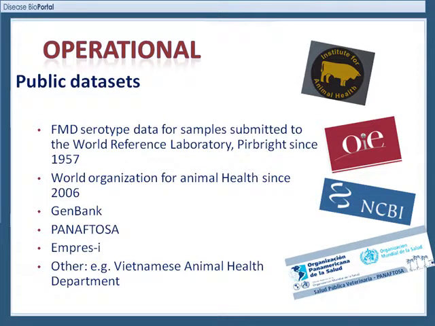Data from GenBank also, sequences. FMD data is now available, but sequences from other diseases will be available upon request because the platform is already made. Panaftosa, PRECISE, and other national databases that are public. For instance, the Vietnamese Animal Health Department has information on avian influenza and foot and mouth disease.